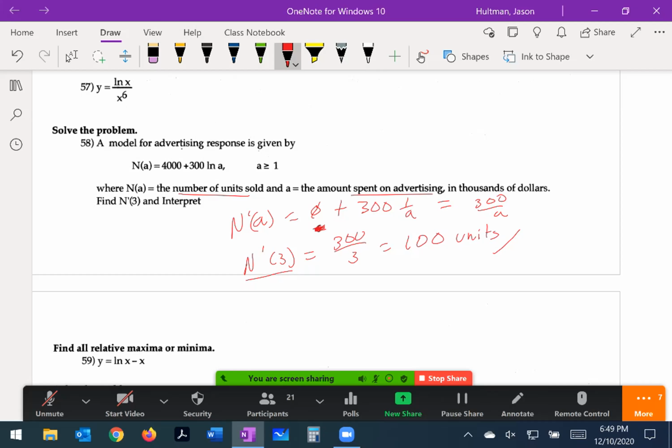It's 100 units per $1,000. That's the rate at which I'm spending my money. If I only sell 3, then it's basically 100 units per $1,000, which is probably not too good.